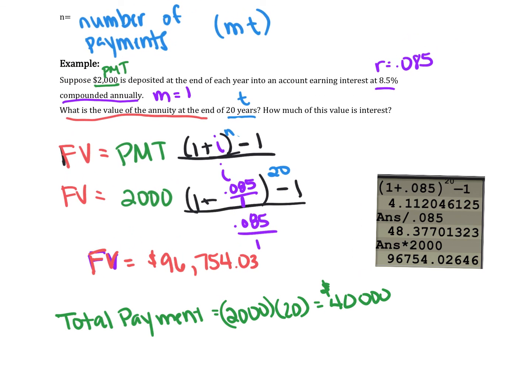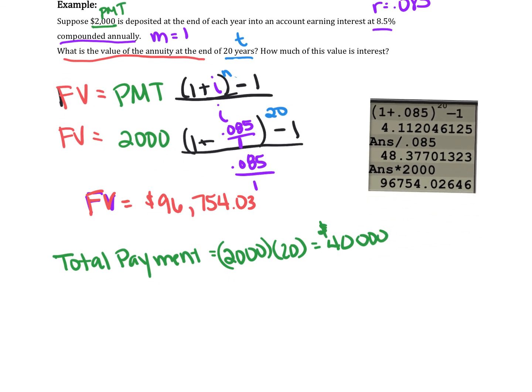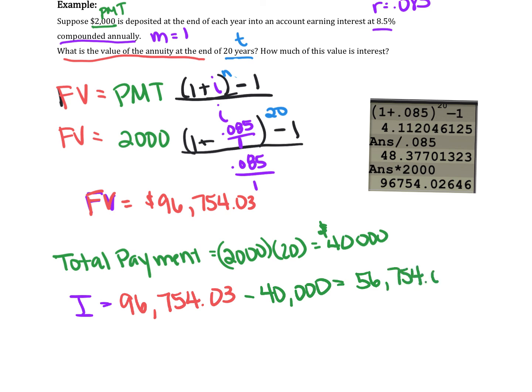The rest of the $96,000 comes from the interest. So to find the interest, I'm going to subtract that $40,000 in payments from the $96,754.03, and I get $56,754.03.